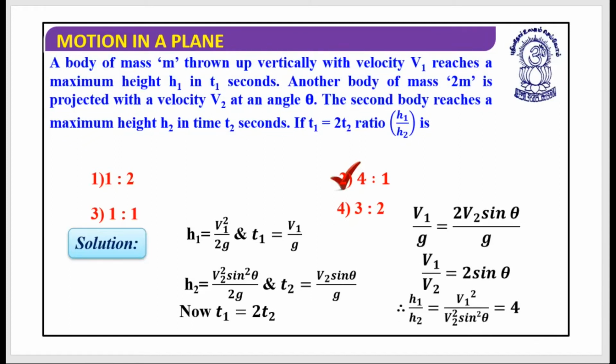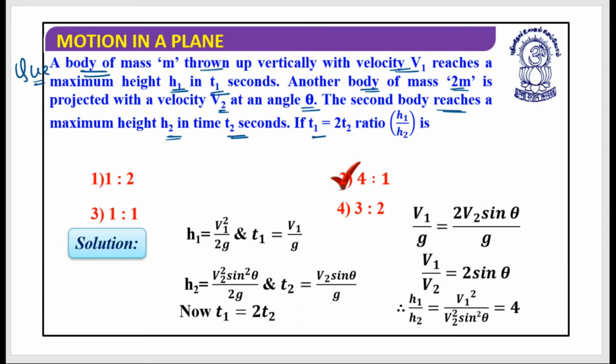Let's have a look at this question. What does it say? It says that a body of mass m is thrown vertically up with velocity v1 and reaches a maximum height h1 in time t1, and another body of mass 2m is projected with velocity v2 at an angle theta, and the second body reaches a maximum height h2 in time t2 seconds.